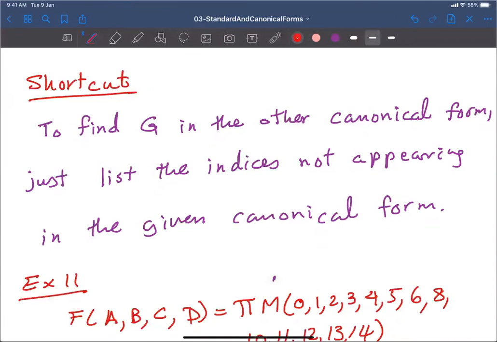Last time we discussed the min-terms and max terms, and we stopped at the conversion between the two canonical forms, how to convert from sum of min-terms to product of max terms and vice versa, okay?